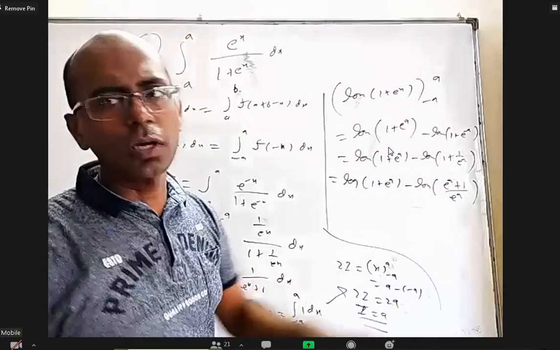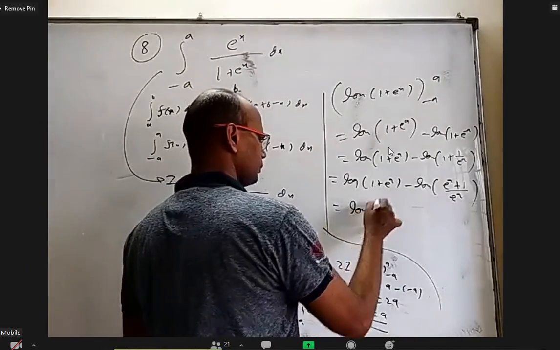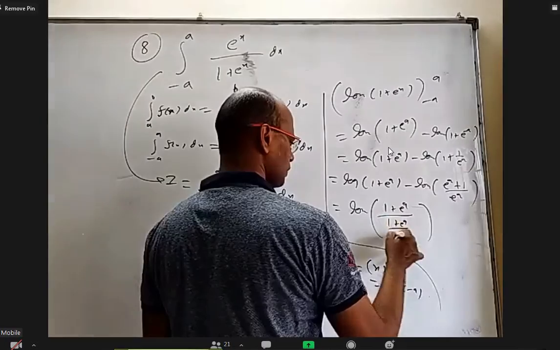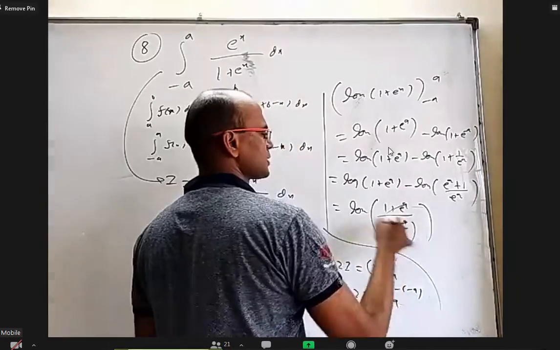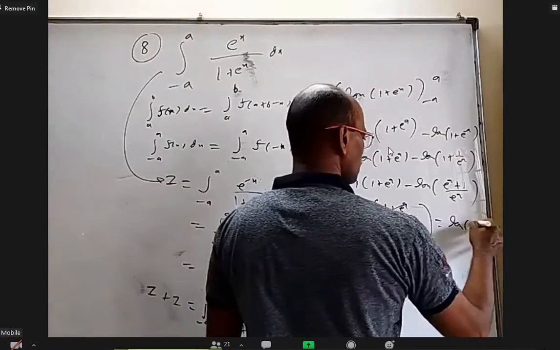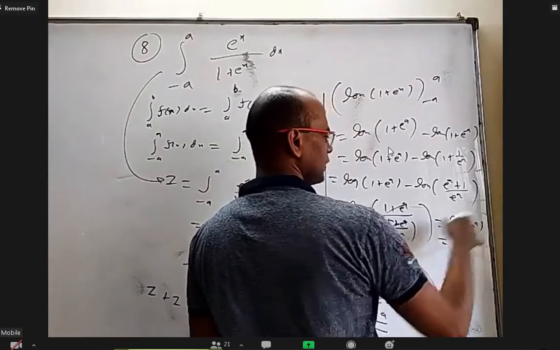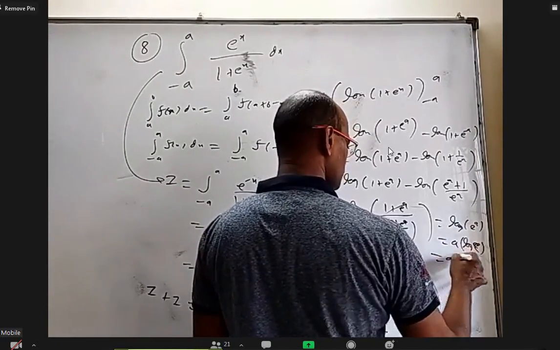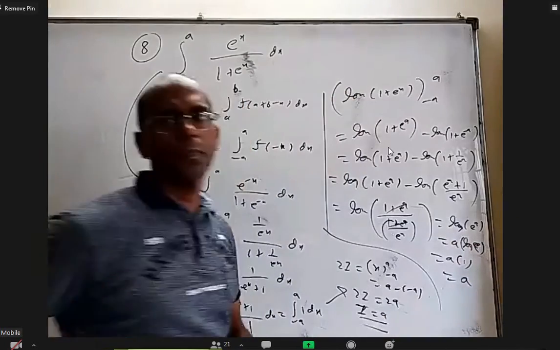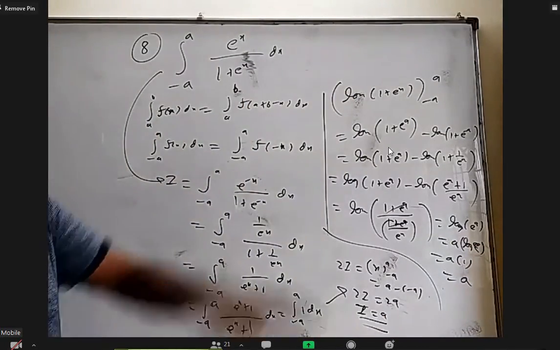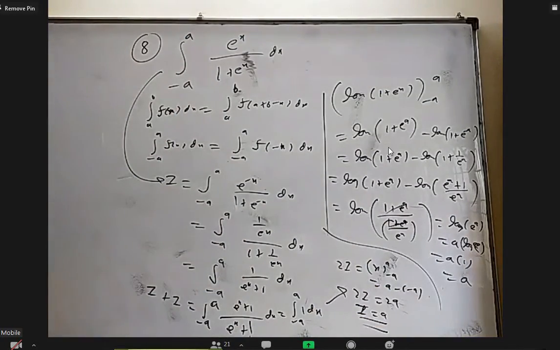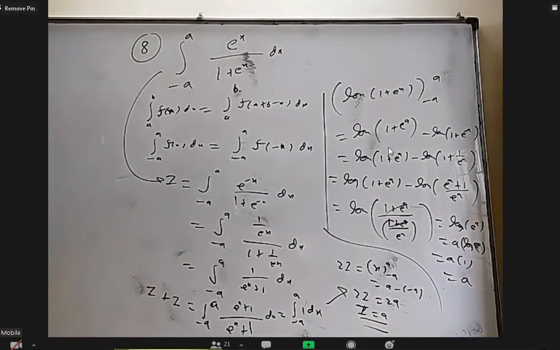Log a minus log b, you can write as log a by b. 1 plus e power a by 1 plus e power a by e power a. Log of e power a, you can take a outside and write log e. Log e is 1. So the answer is a. So directly, indefinite integration is this, then simplify it. Or do I plus I. Either way is okay for the eighth one. And the answer is a, final.